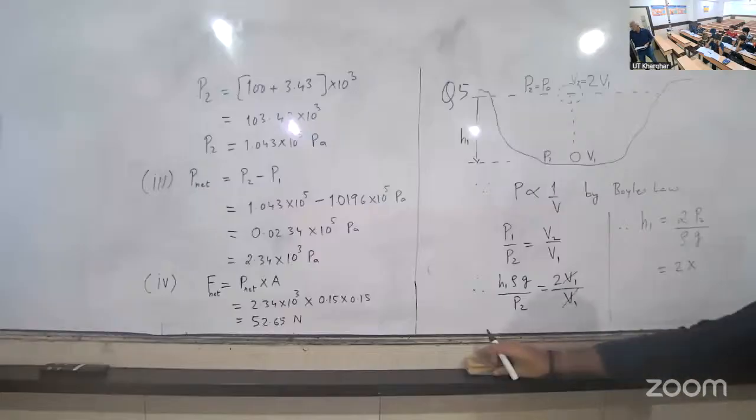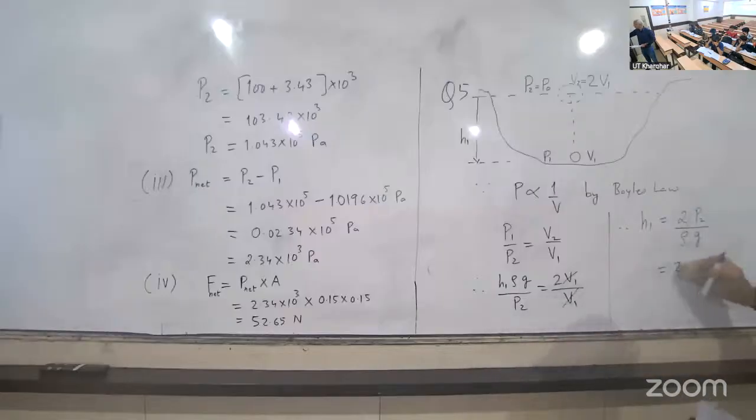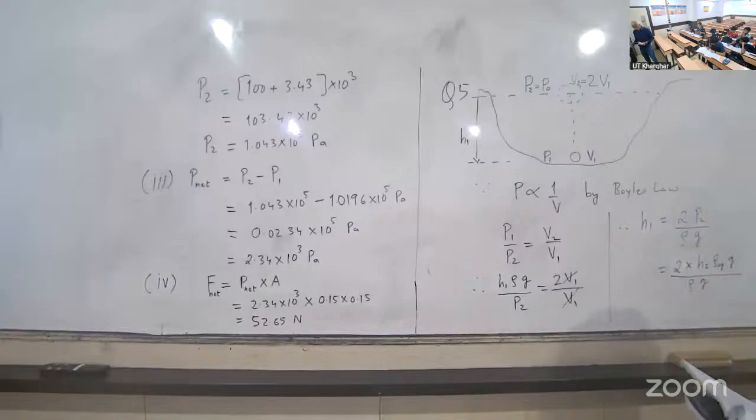It is given in terms of the density of mercury, and this is the density of water.